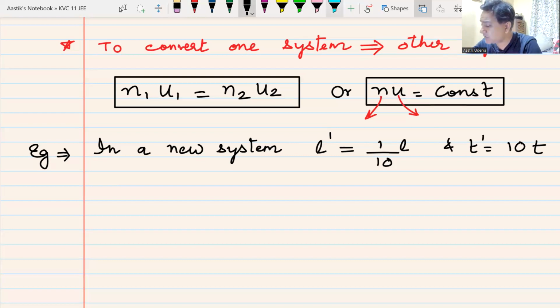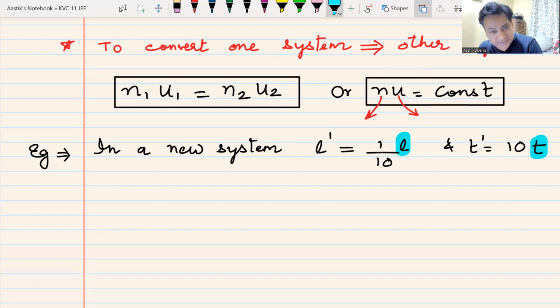The original dimension is l and t, and what I have created is a new system in which the new unit is 1 by 10 times the original unit in length, and the new time is 10 times the original time.